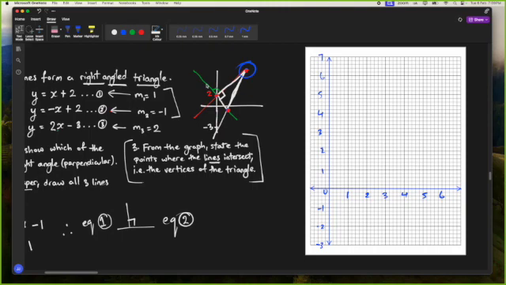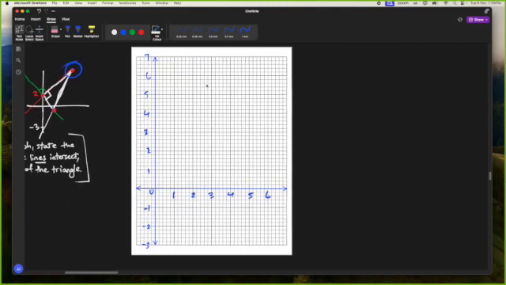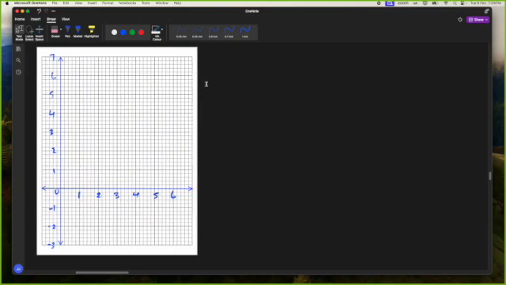The first line is the line y is equal to x plus 2. So equation 1, y is equal to x plus 2. To draw any line, I need 2 points.